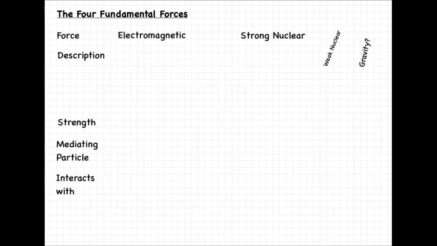So it's this almost internal structural force that will spit things out and suck things in to change the composition of protons and neutrons. So it interacts with quarks, and it can sort of swap quarks and make matter appear and all sorts of weird things. We don't go too into detail with the weak nuclear force, so we don't have to stress too much about all of that finicky stuff.